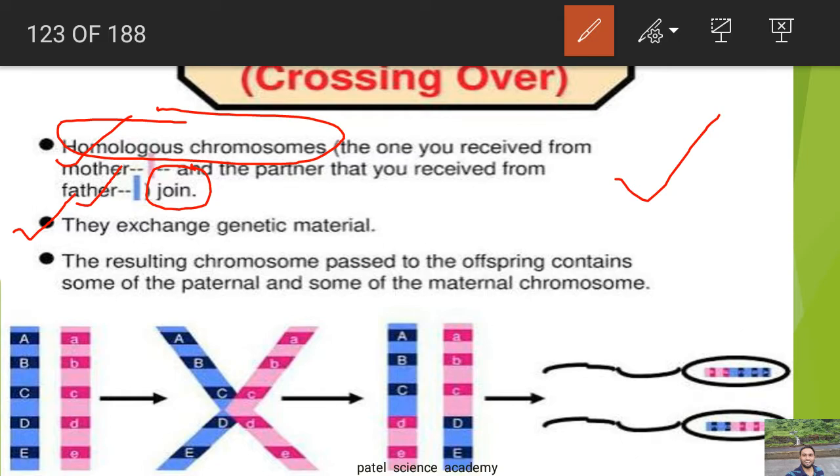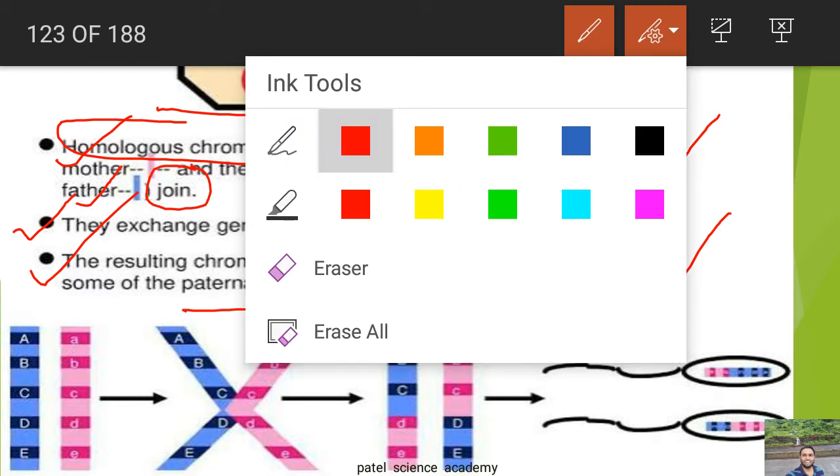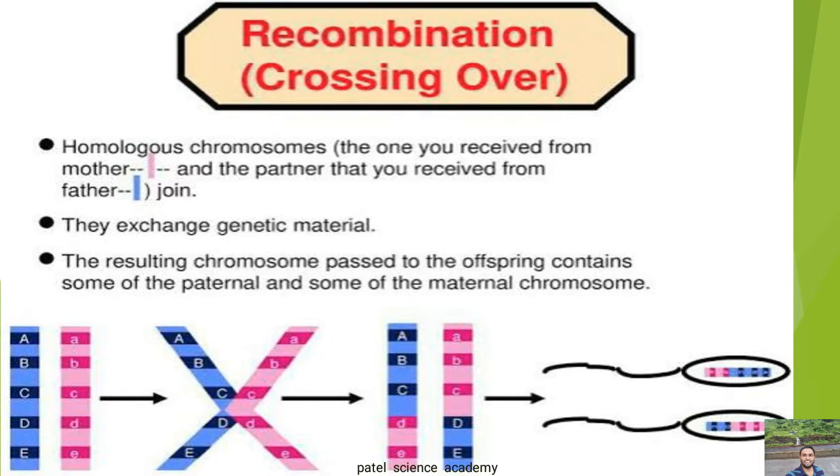They exchange the genetic material, and the resulting chromosome passed to the offspring contains some of the paternal and some of the maternal chromosomes. So it is the mixture of both sides, from the father's side and from the mother's side.